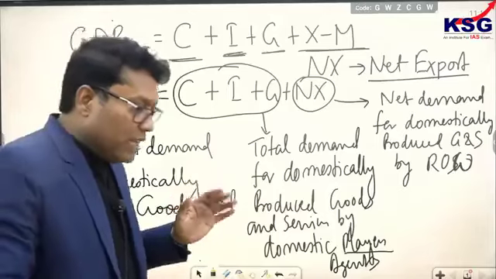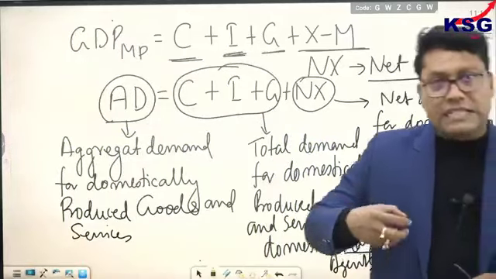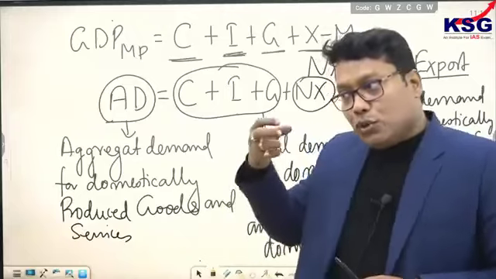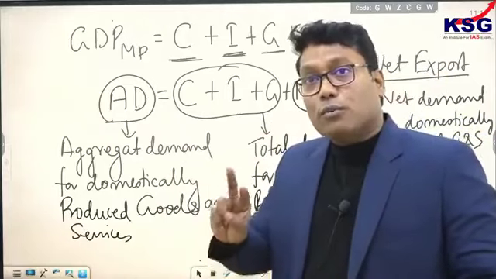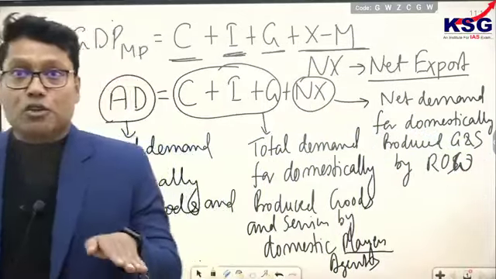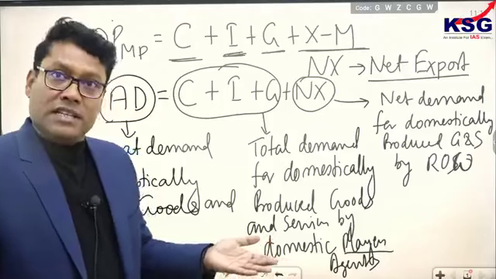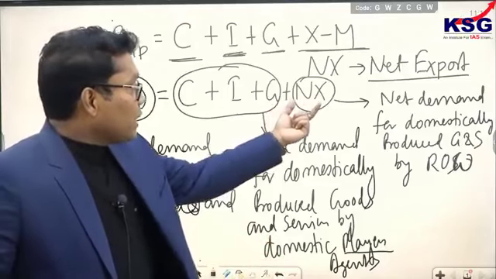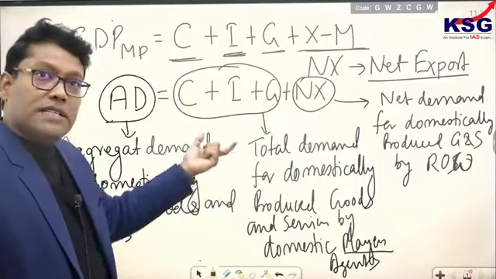So any country you take, whether it's India or any other country, the total demand for that particular country depends on both factors, the domestic economy as well as the international economy, that is the rest of the world, because one part of demand comes from the rest of the world and one part is domestic demand.